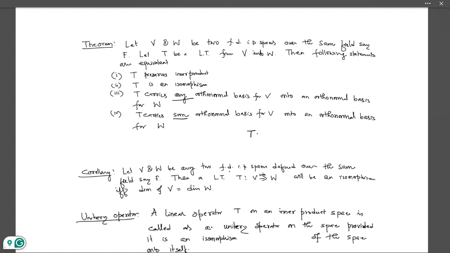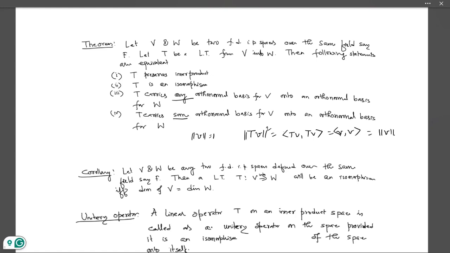Like, if T preserves the inner product and, let's say, norm of v is equal to 1, then what will be the norm of Tv? Norm of Tv square is the inner product of Tv with itself, but it is the same as the inner product of v with v because T preserves the inner product.